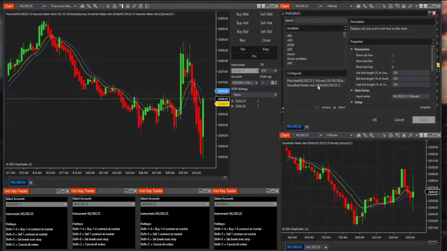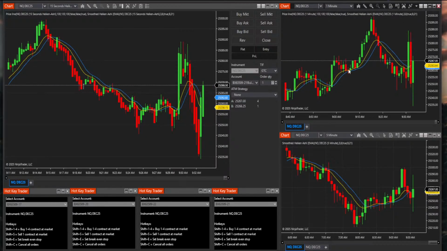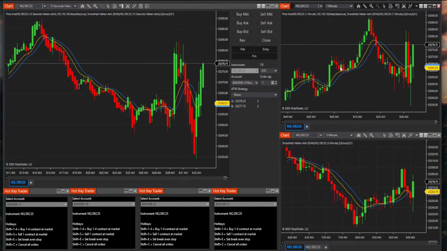This one goes off of the 9 smoothing period. Okay, so it looks back 9 periods, and then what I like to look for is only take trades off the 15-second Heiken-Ashi when the 1 minute is moving up. So if you're down in this area, you never want to be taking long. So I'm going to be trying to take a long up in this area.